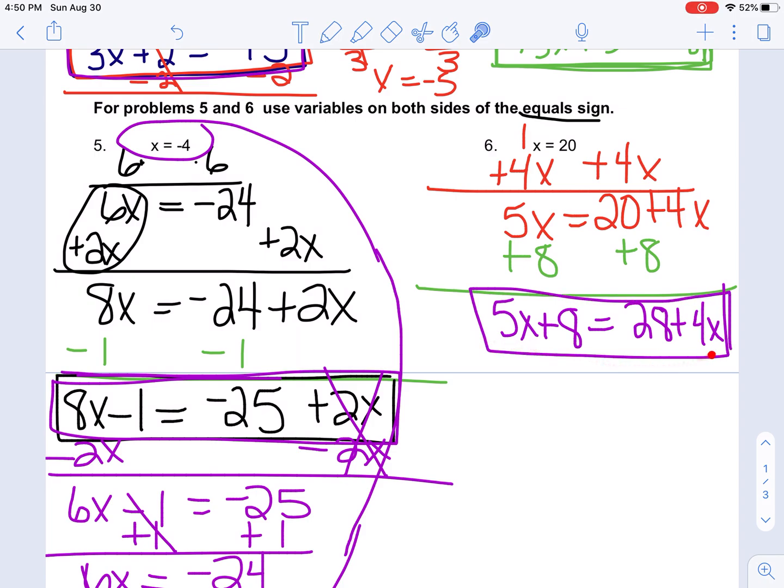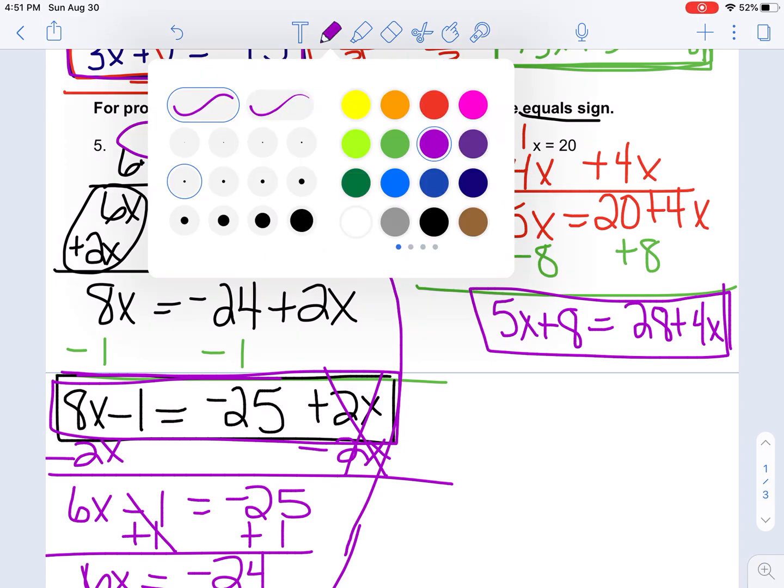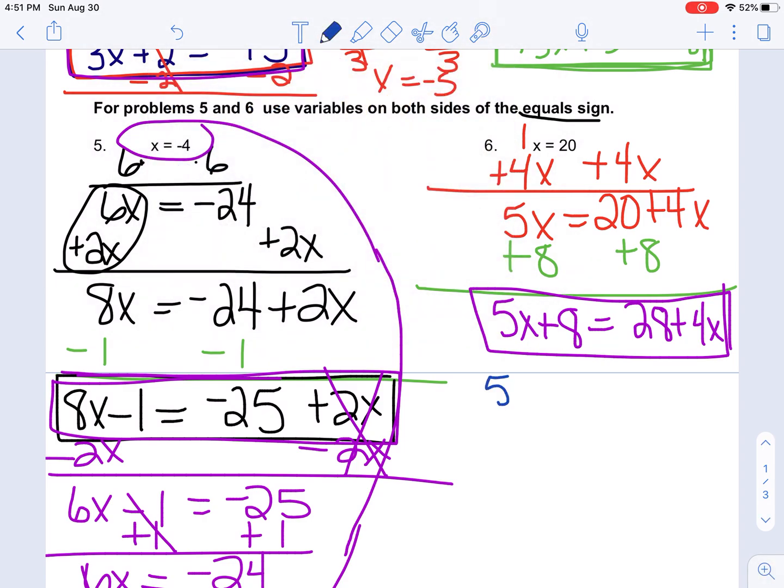So I have an x term here and an x term here. And when I solve this equation, I'm going to get 20. 20 would be my solution. And this is another way you can check it. Instead of solving it, I'm just going to put in 20 for the x on both sides. So 5 times 20 is 100, plus 8 is 108.